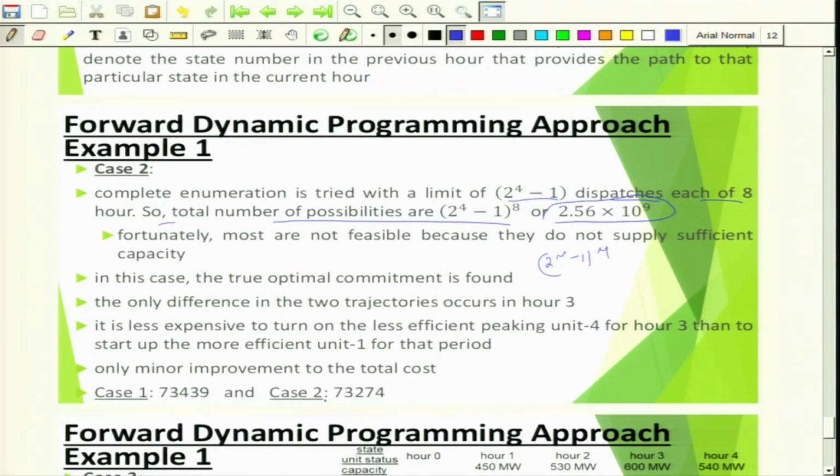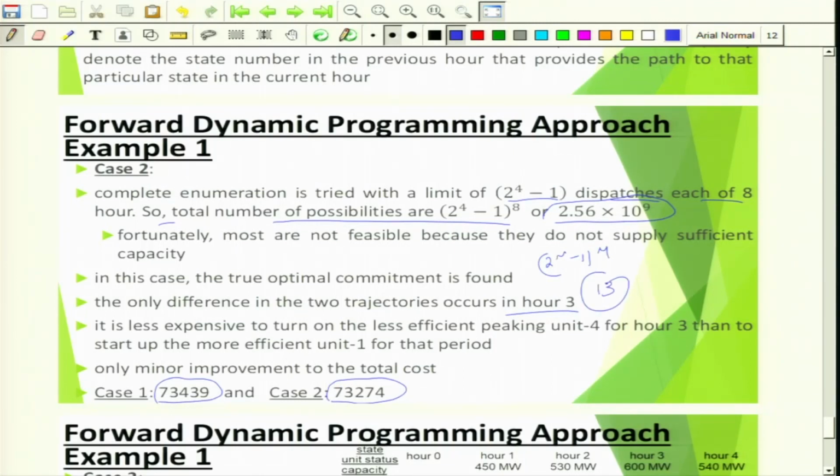Now at the max, the most accurate cost you get is 73,274, whereas by forgetting this and just following the strict priority list, you are getting the cost as 73,439, hardly a few hundreds difference. Because when you consider all the possible combinations, you find out that at a specific interval, that is hour 3, there is a transition happening, and rather than combination 14, you identified that combination 13 is most feasible.